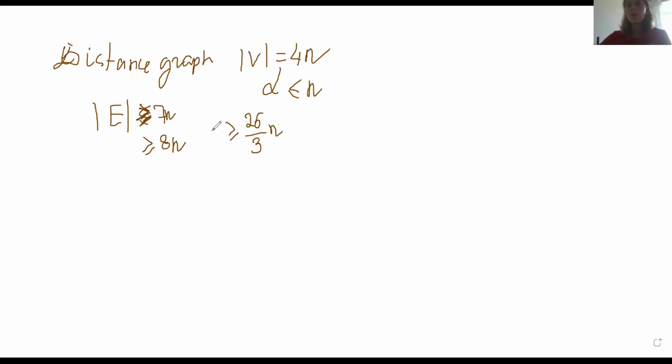And the other thing we were discussing, these are Johnson's graphs with 3 parameters, which we can think about as a set of n elements. And the vertices of this graph are the subsets of this set containing R elements.